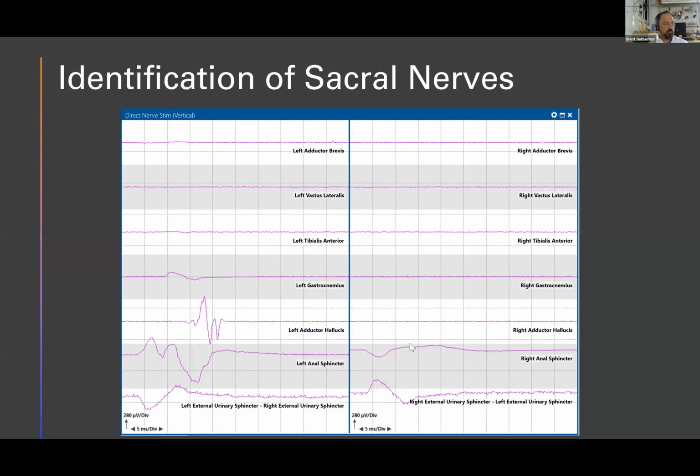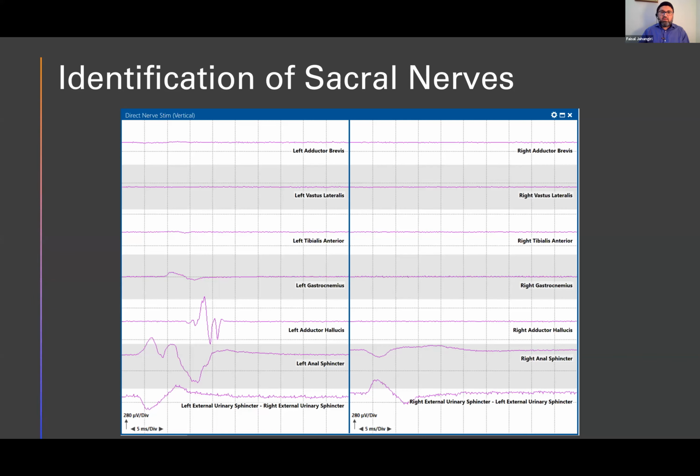What do you think about monitoring bladder pressure and its use in surgeries like selective dorsal rhizotomy? I know you've discussed that a little bit, but do you want to talk about that more? You can use bladder pressure monitoring, but when you're doing selective dorsal root rhizotomy, we intentionally spare the sacral roots.